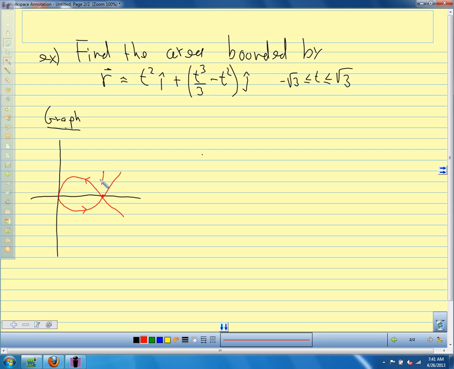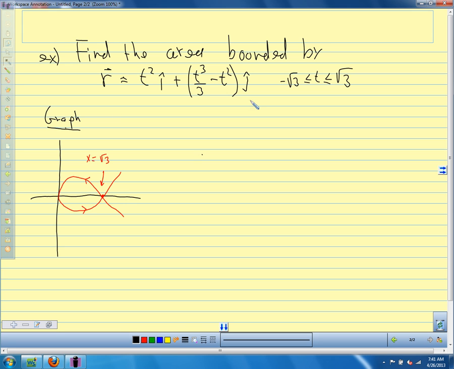And this is x equals square root of 3. So as we go from negative square root of 3 to square root of 3, we traverse around this loop one time. So this is kind of an interesting little curve here.